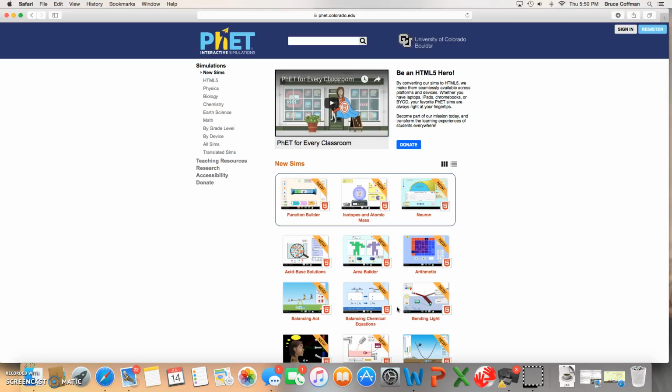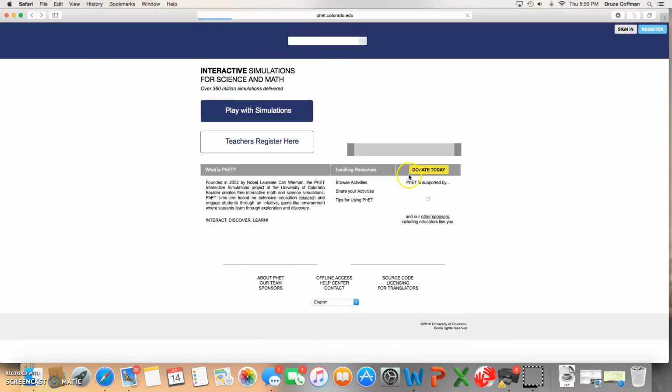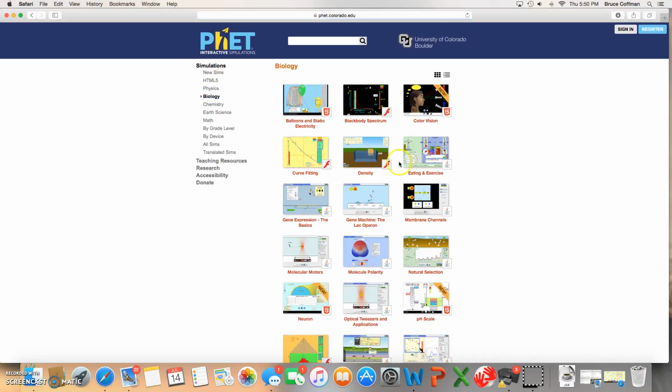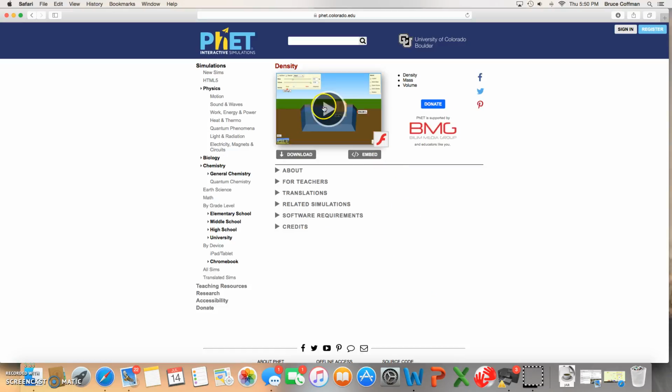I'm a big Mac person, so I'm going to go back here and look at the simulations. I'm at my parents' house, and if you notice the Flash and the Java on Mac, I'm having problems running Java. I don't know so much about the Flash if I can do it.